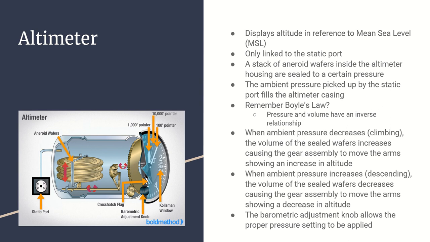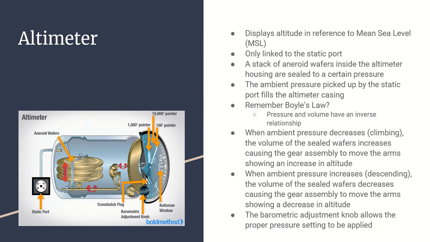If we are descending, we know the pressure in the atmosphere overall is going to increase. So the reading that the static port takes feeds an ever-increasing pressure into the casing, which causes the aneroid wafers to get smaller and smaller because the force pressing on them is getting bigger, because there's more pressure, and that causes those linkages and gears to move the arms to show a decrease in altitude.